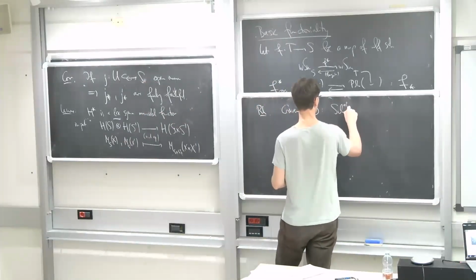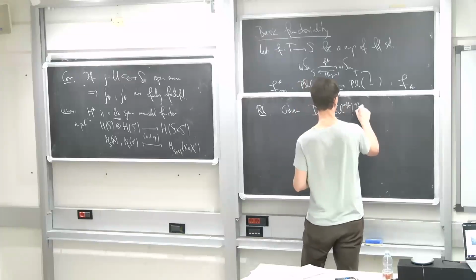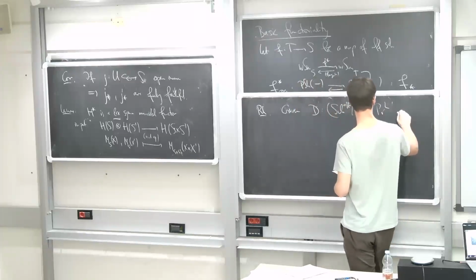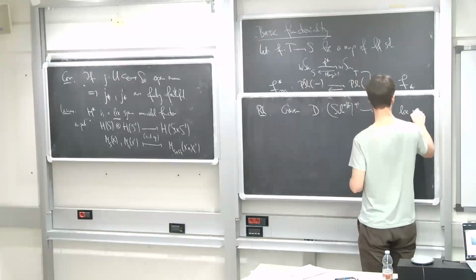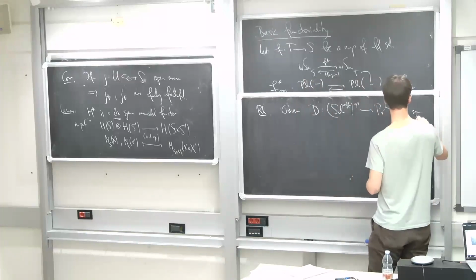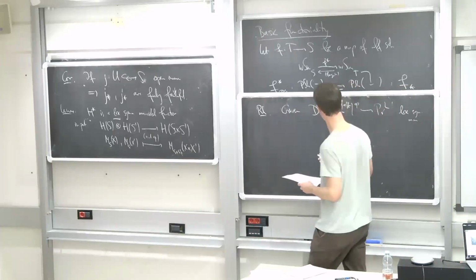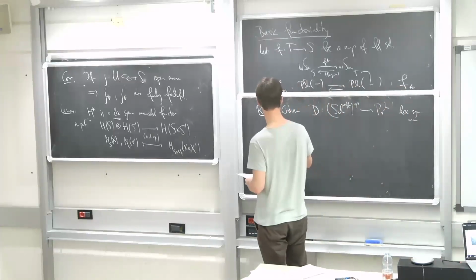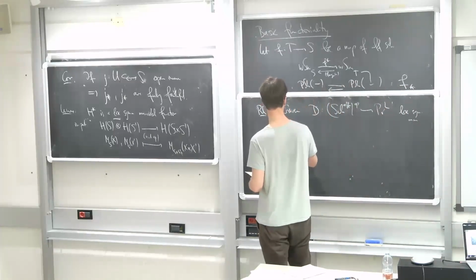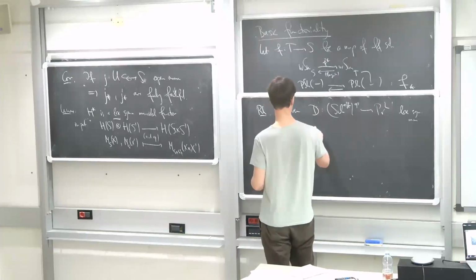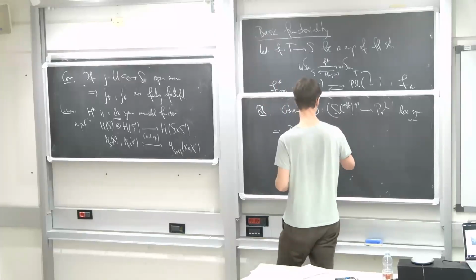Given a functor, let's say on affine schemes to PrL, that is Lex symmetric monoidal, let's try to see what structure this encodes. Then we can do the following. Then I claim any D of S is actually a symmetric monoidal category.